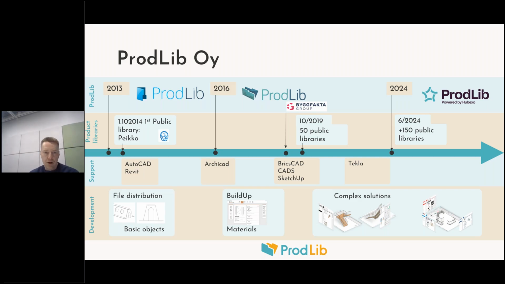So a bit of a short history about ProdLib. ProdLib was founded in 2013. I'm one of the co-founders with my colleagues Kim and Eva. So we were three persons starting it, and the idea was, as I said, trying to connect designers and manufacturers. It was strongly built based on the requirements of our first customer, which was Peikko Group from Lahti.